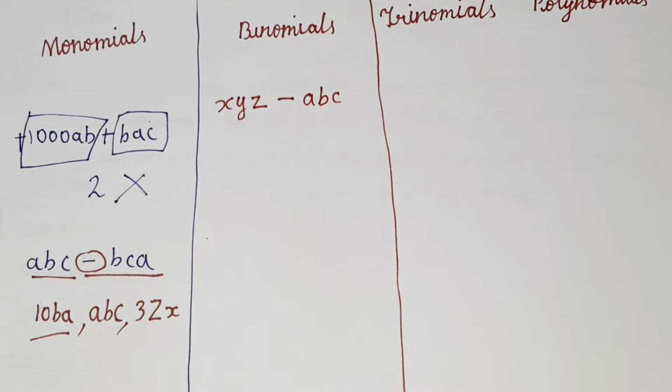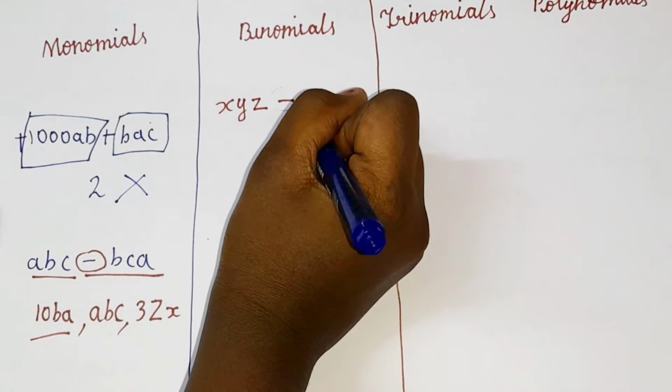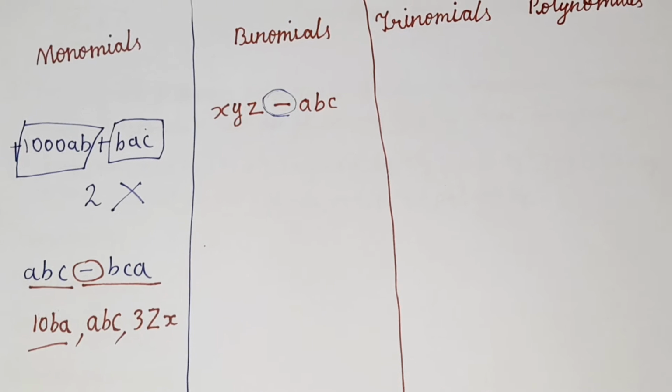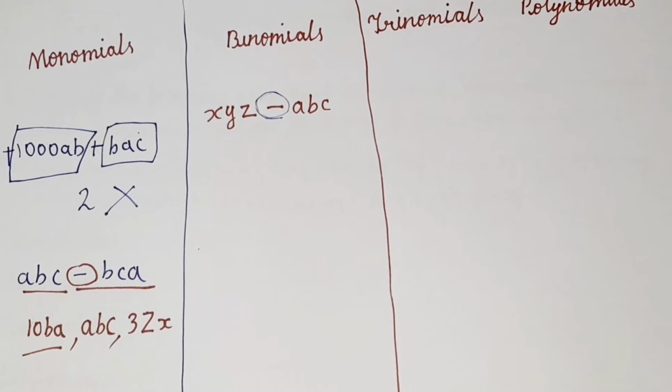Am I right? How do we find we have two groups? Because it is split. Am I right? It is split by a mathematical operation. So it has two groups now. If there are two groups, it is a binomial, okay. So XYZ minus ABC, these are the two groups.